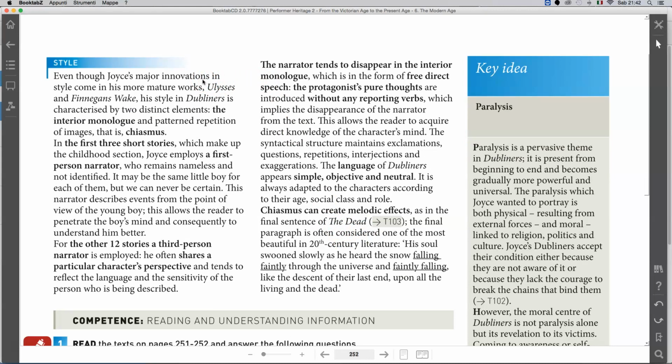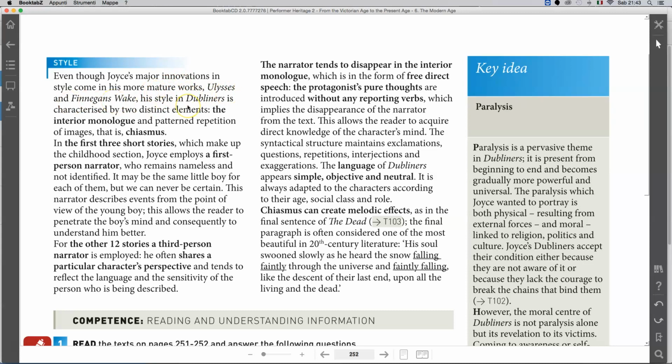Dubliners is not one of the major works in terms of style. In Dubliners, Joyce didn't use a lot of innovations, such as in his mature works like Ulysses and Finnegans Wake.